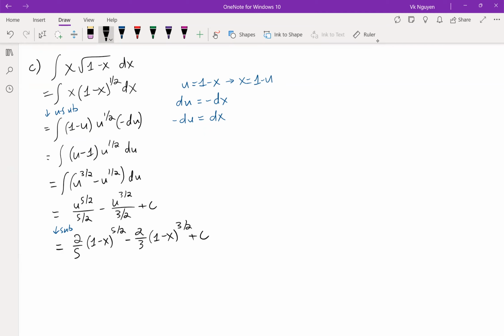You can actually simplify this to make it look a little nicer. A little review on algebra. You can take out the (1 minus x) to the power 3 over 2. And then in here, we have 1 over 5 times (1 minus x) minus 1 over 3.